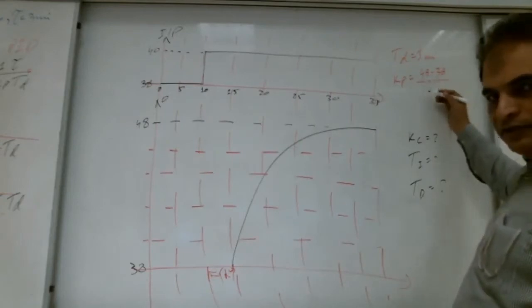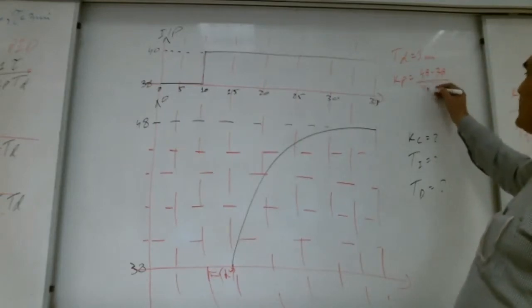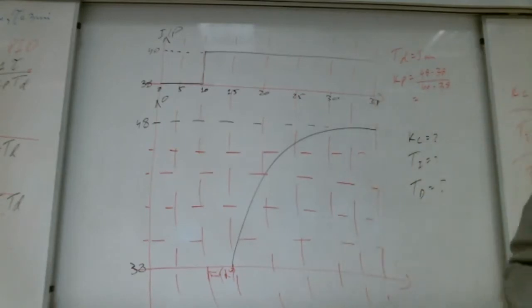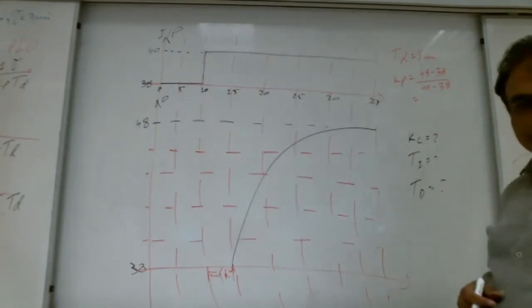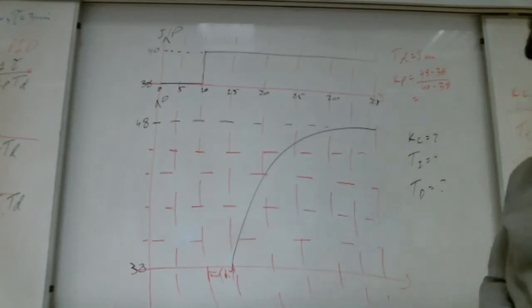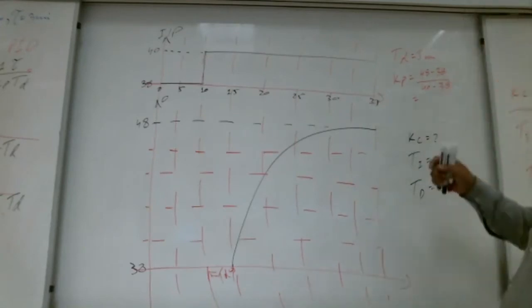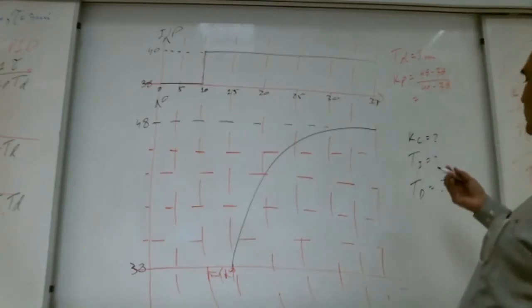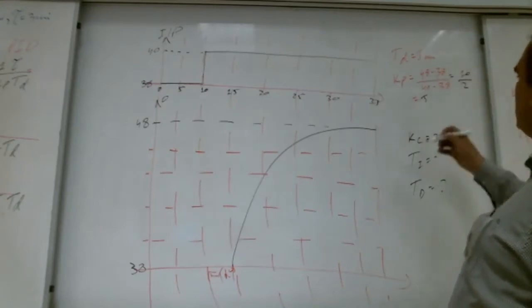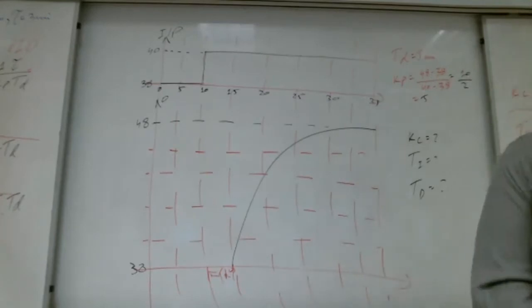A lot of brothers are writing 1.7. How much is this? I've got 5, teacher. 10 over 2, that is 5. Very straightforward.